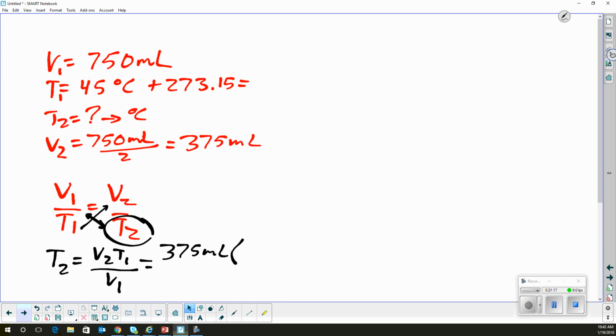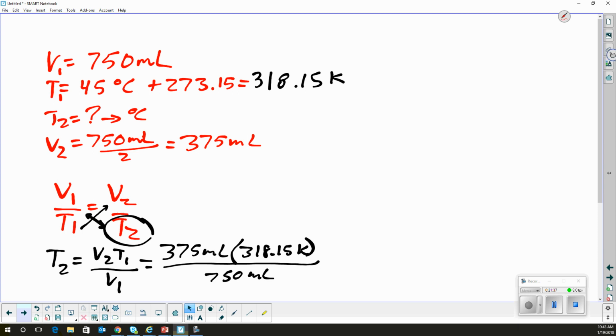We never did add that up, so 273.15 plus 45 is 318.15 K, divided by volume 1, which was 750 milliliters. Milliliters cancel. You should be able to times that through, get your answer. Once you've got your answer, you're going to subtract 273.15 and you'll get degrees Celsius.